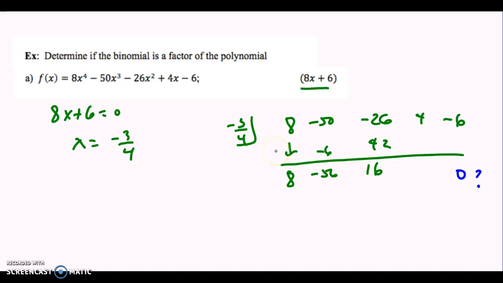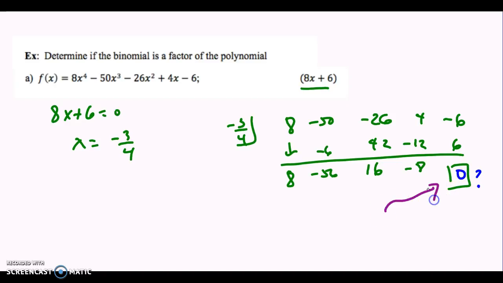When I take 3/4 of 16, I believe that's going to be 12, and it's a negative 12, which is going to be about negative 8. And when I take negative 3/4 of negative 8, that's a positive 6. Haha, I get 0. And what does that tell me?